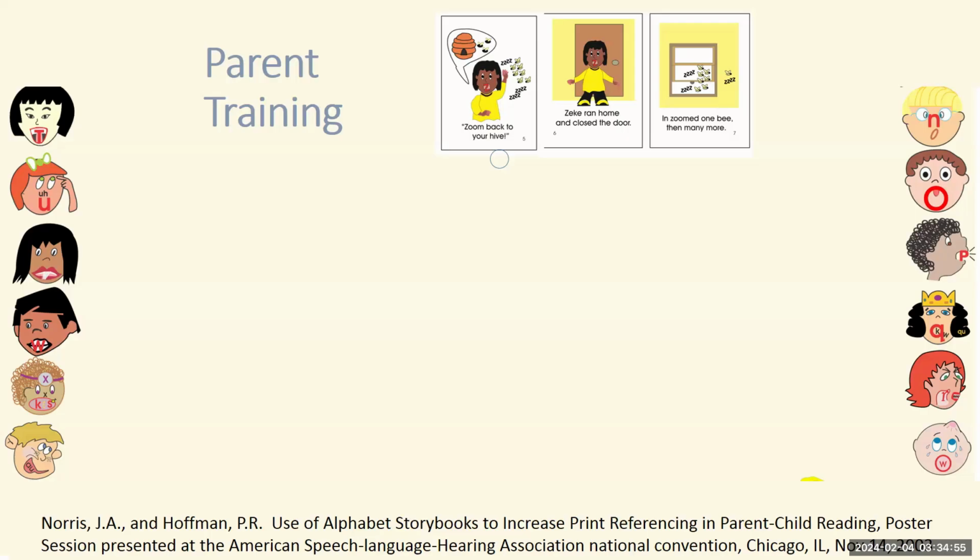So it says zoom back to your hive, and then there's the letter Z in print, and they're making the sound. Zzz. So as you read the book, you naturally keep talking about the letters and the letter sounds. And then there are words like Zeke and Zoom, etc., throughout the story that have the letter Z in them. And so you talk about those with the child as well.